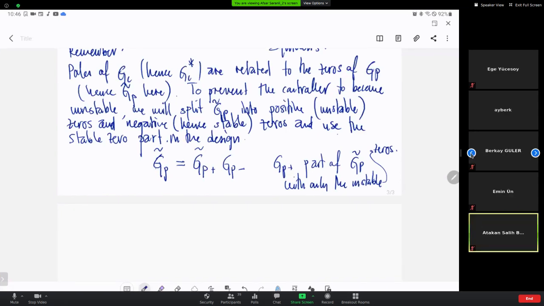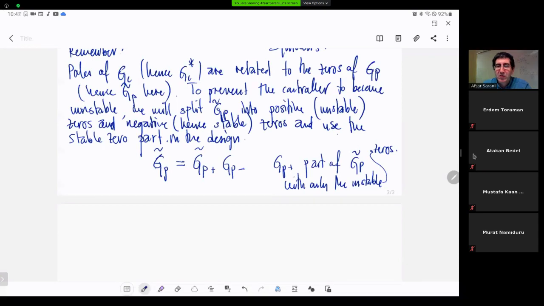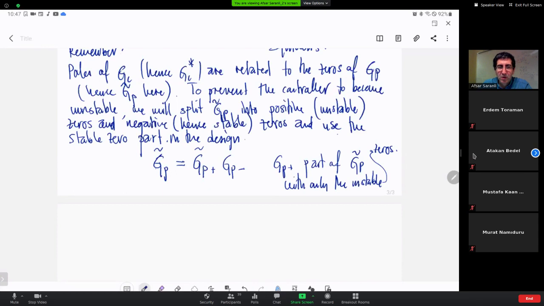Okay, so the idea is that we will base our controller on the stable zeros of the estimated plant. We have those unstable zeros, but we will not consider them in the design.